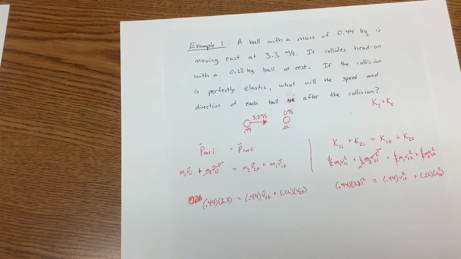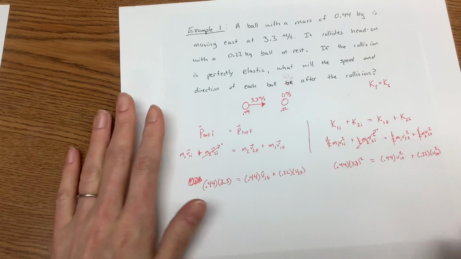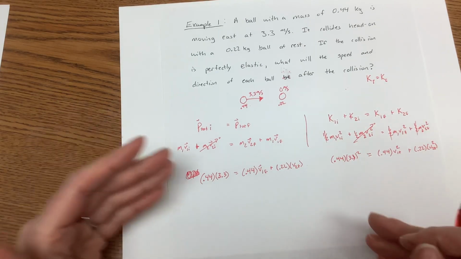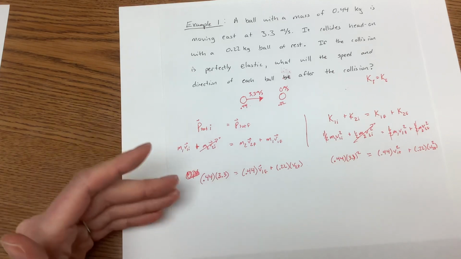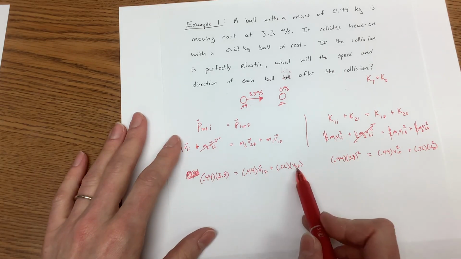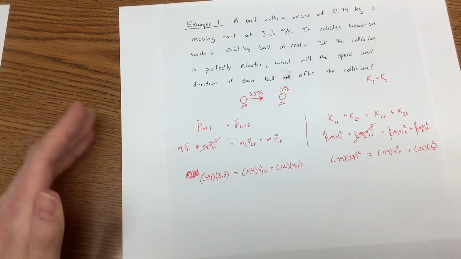Now in algebra, you have probably learned numerous ways to solve two equations and two unknowns. This one has a squared in it, and this one doesn't, so I would probably choose substitution. I would solve this one for V1F or V2F, then plug it in over here and solve for the other one.